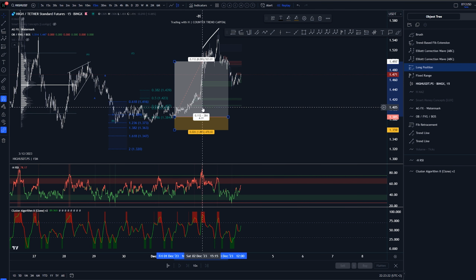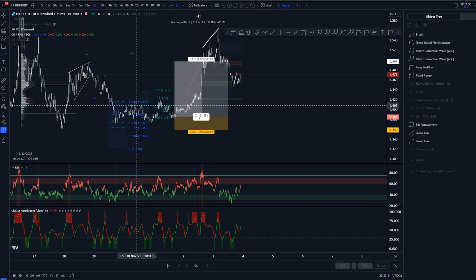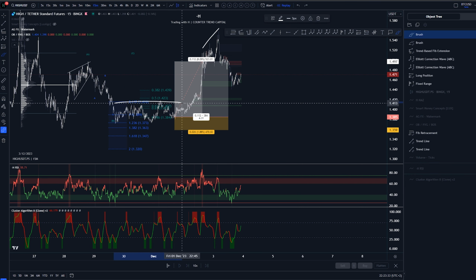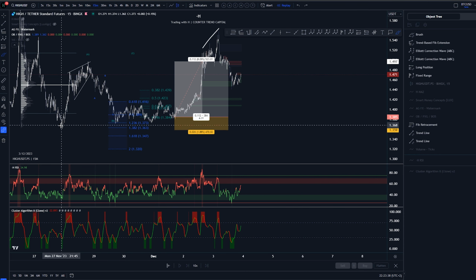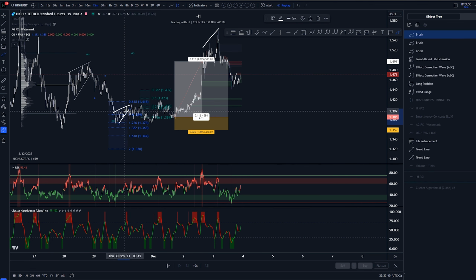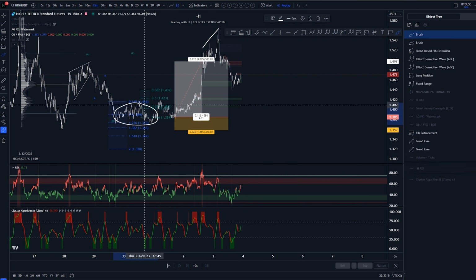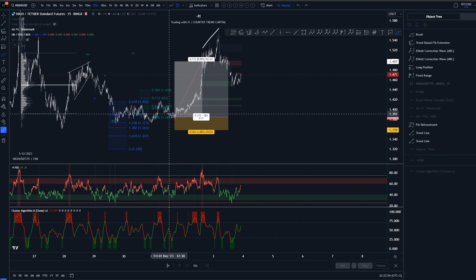The risk would be that you might not get tagged into this trade, and the fact that we got such choppy action here would have made it even more difficult if you weren't just playing this structure, and instead were looking for some kind of 1-2 to happen here. Even in here, if you managed to get a diagonal in, you would have had a difficult time saying that this was some kind of wave 1 and 2.